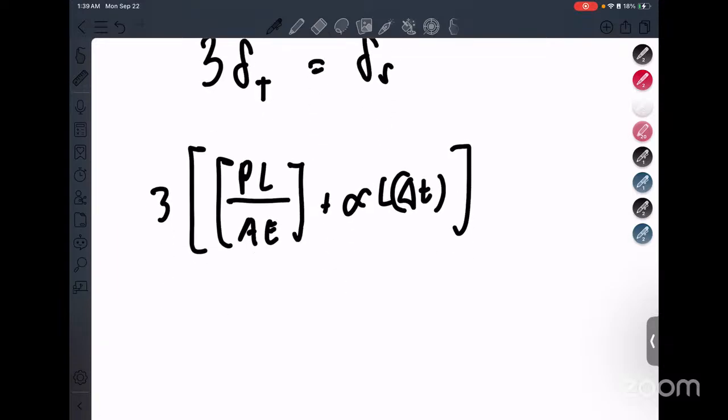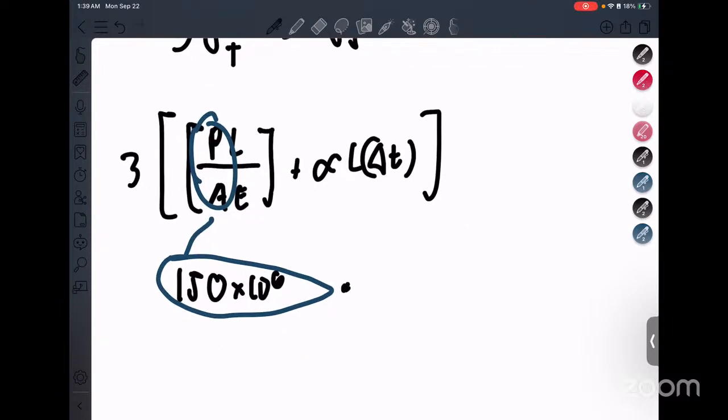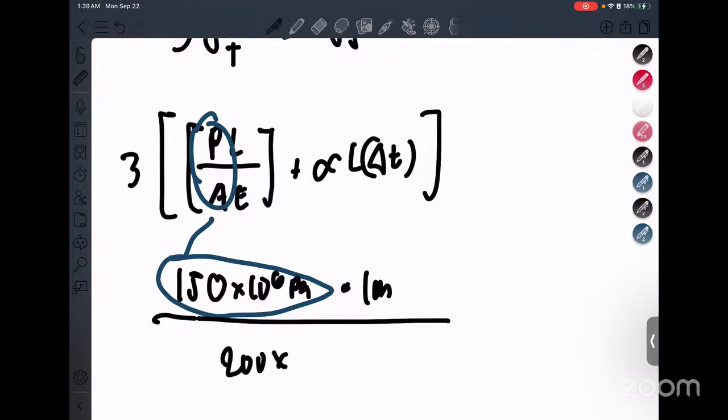This is quite good for us because remember, the earlier problem gave us a value for P over A, which is 150 megapascals. So that's your P over A already. Right? This is sorted. Multiplied by 1 meter over E, which is just 200 gigapascals.